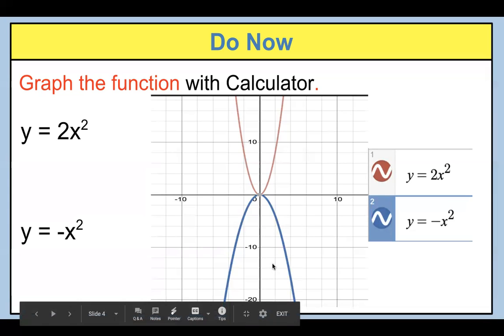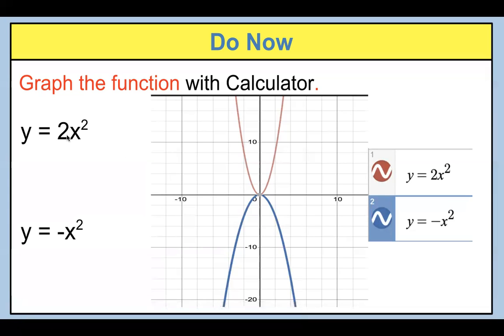Do you know why this is happening? It depends on the coefficient of x squared, the absolute value of this. If the number is bigger, then it goes steeper. When x goes 1, the y value goes twice as fast as the x squared graph.